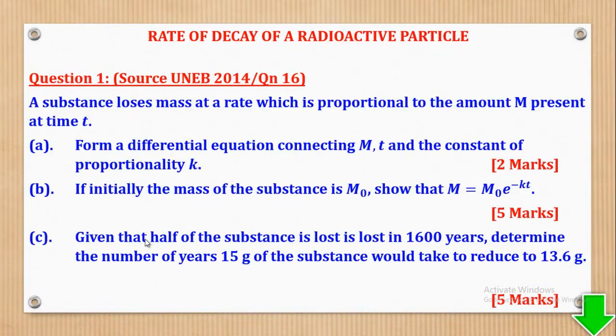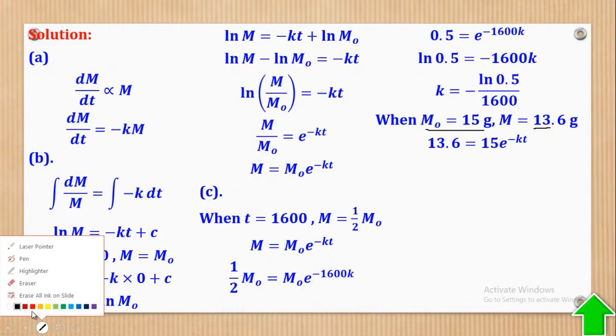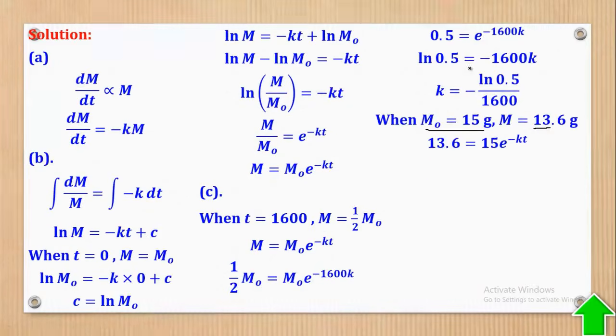They told us that given that half of the substance is lost in 1600 years, determine the number of years 15 grams of the substance would take to reduce to 13.6, meaning that 15 was the initial value, that is m0, and 13.6 is the amount present at the time t, that is capital M. So you substitute in this equation here.